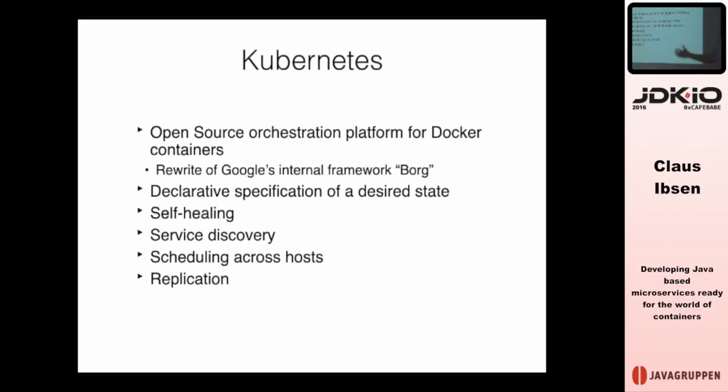And Google has been using Linux containers for many, many years, more than 10 years. And they have an internal cluster management system for that. It's called Borg. And what Google wanted to do was to make a new version of Borg, but of course better, because they have over time learned a lot of things about running a huge number of Linux containers.